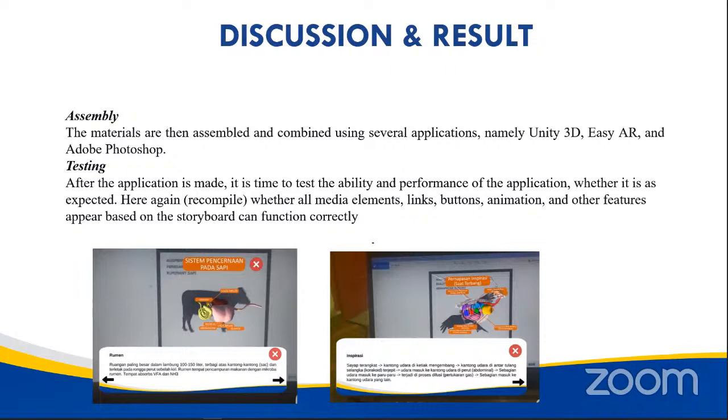Testing. After the application is made, it is time to test the ability and performance of the application, whether it is as expected. Here we check again whether all media elements, links, buttons, animation, and other features appear based on the storyboard and can function correctly. There are also several items that need to be improved in the program as a whole.